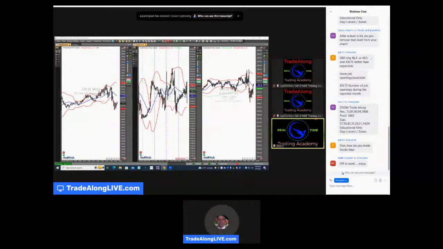Yeah, it looks like we made a little move while I walked out. Maybe that's what I should have done earlier. Our pivot is at 65.